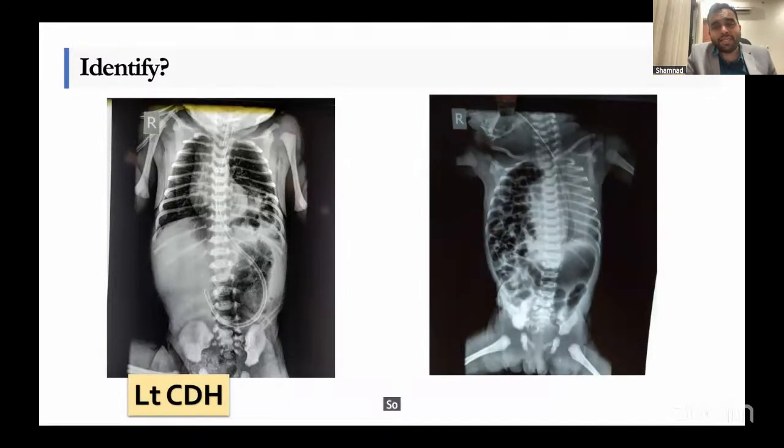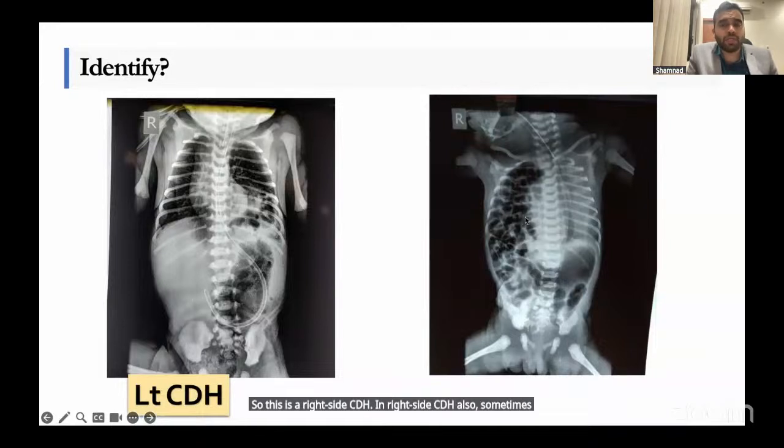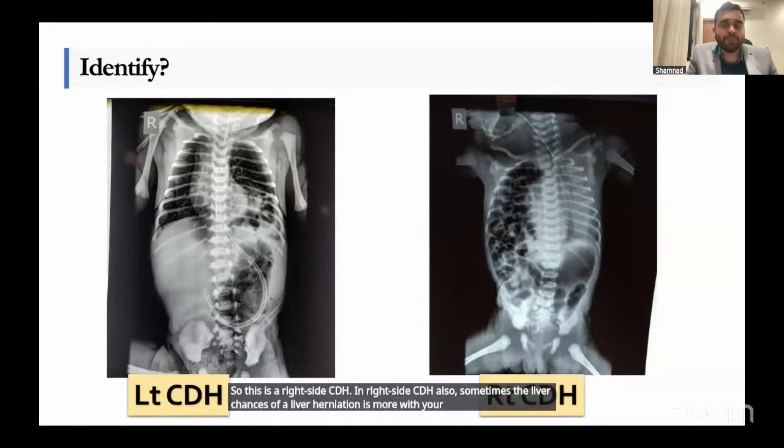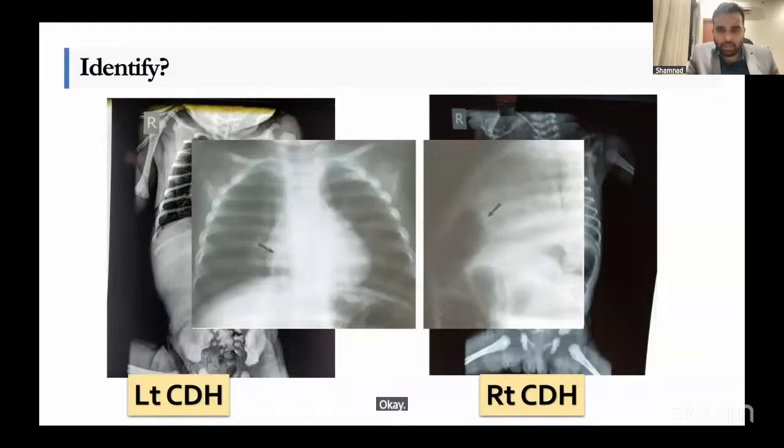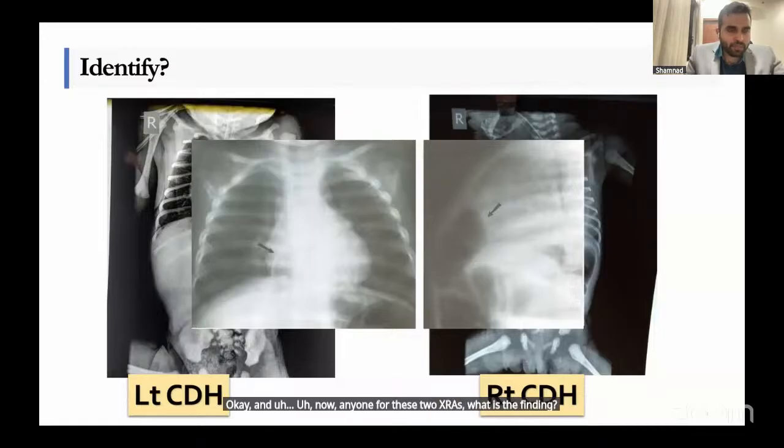So this is a right side CDH. In right side CDH also, sometimes the chances of liver herniation are more. Okay, and now anyone, for these two X-rays, what is the finding? The one which I just showed, these two images.